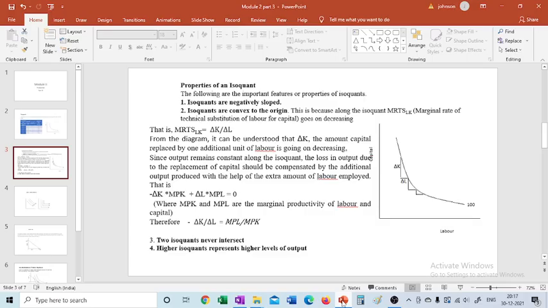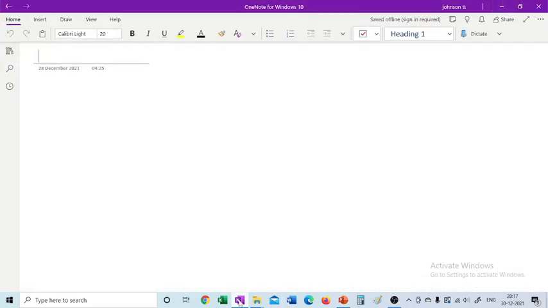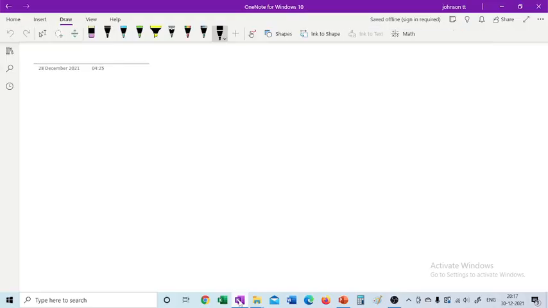When you employ more and more units of labor, what happens to the amount of capital replaced? We can draw another diagram for that. Suppose this is the isoquant, and when you employ an additional unit of labor, you replace this much capital first.